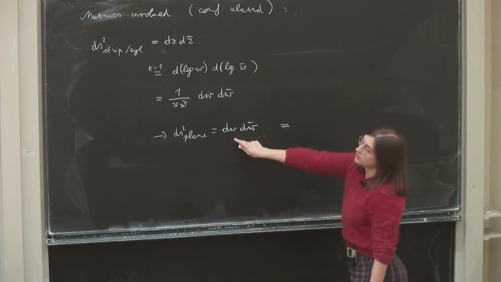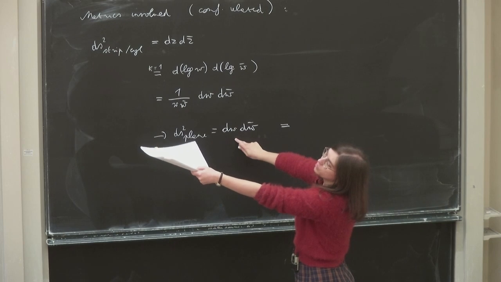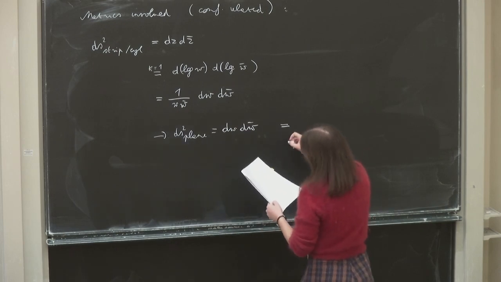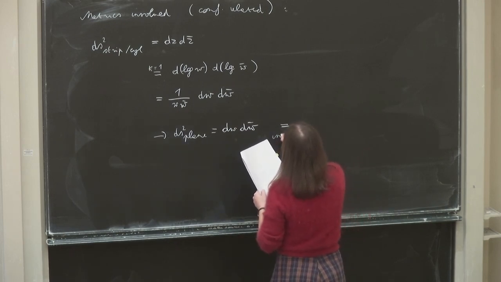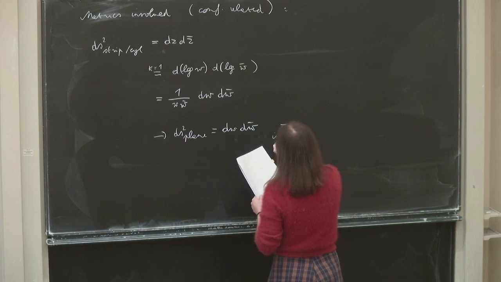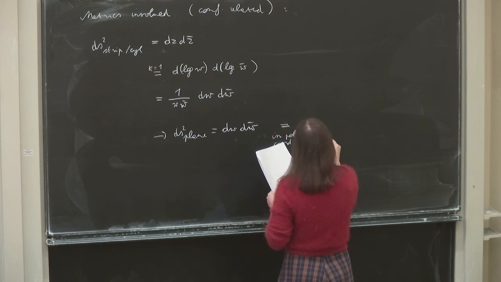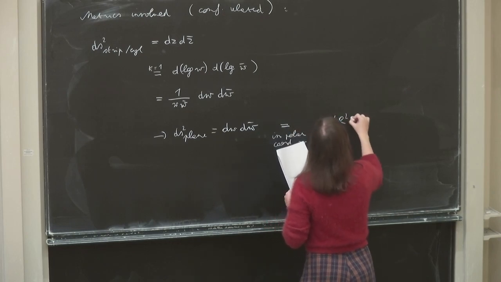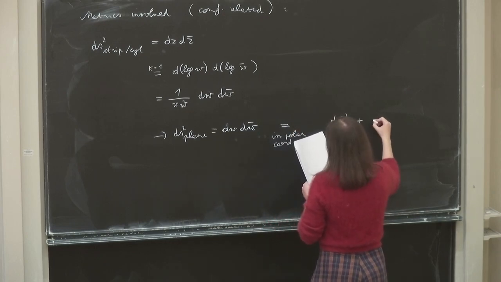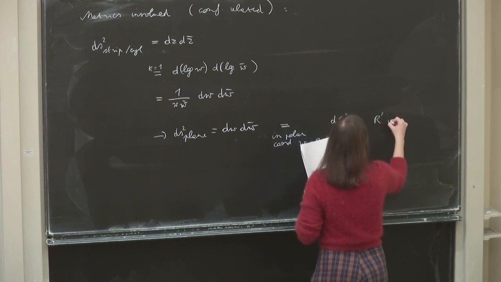I drew the second picture in polar coordinates, so let us do that here. In polar coordinates, meaning writing w as r e to the I tau, this w plane is dr squared plus r squared d tau squared.